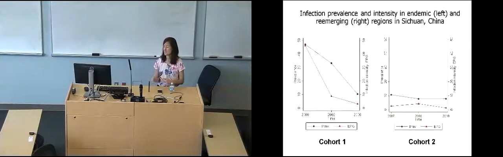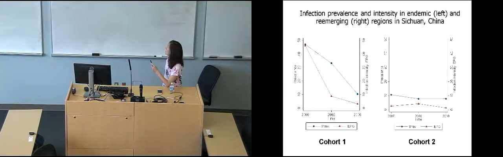And along those lines, another thing to point out is one of the things we think about with schistosomiasis and other helminths or worms are not just whether or not someone is infected, but how many worms they have in the body. Because the more worms they have, the more morbidity you can see. And this is what you typically see in a highly endemic region.